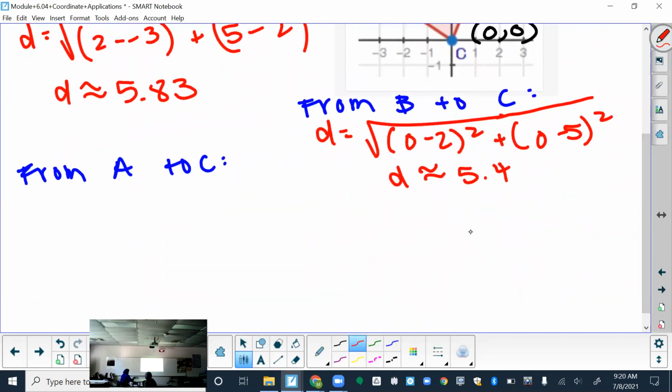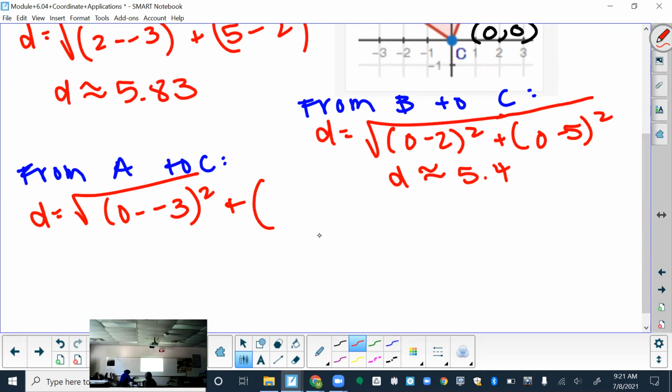And then from A to C, here's what your formula should have looked like. We have 0 minus -3, or if you had -3 minus 0, that's fine too. And 0 minus 2, or if you put 2 minus 0, that's fine too.